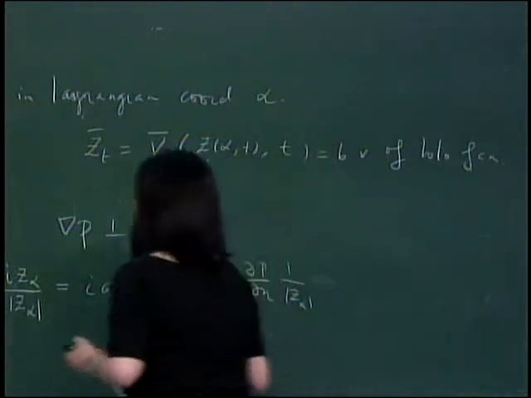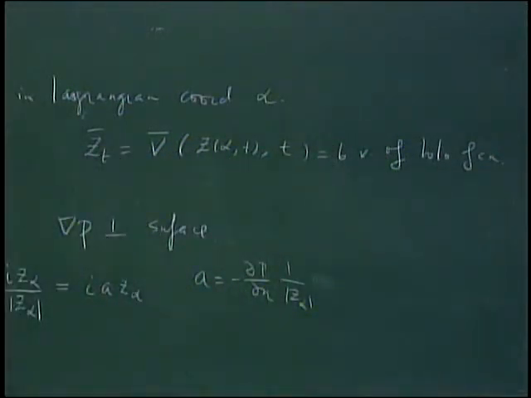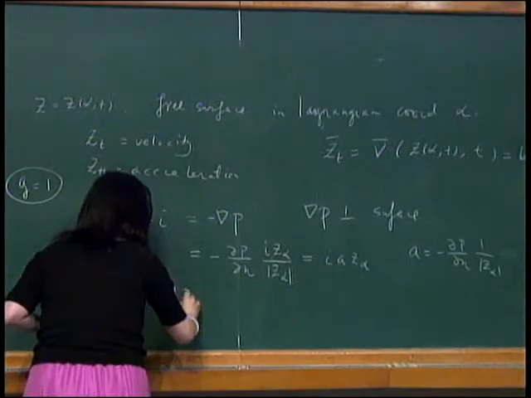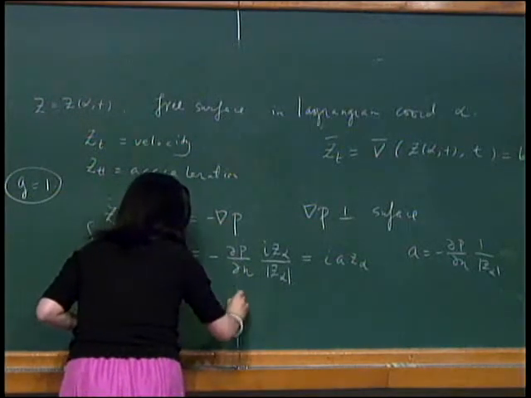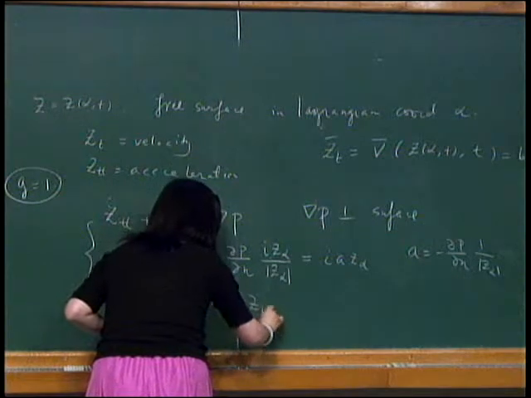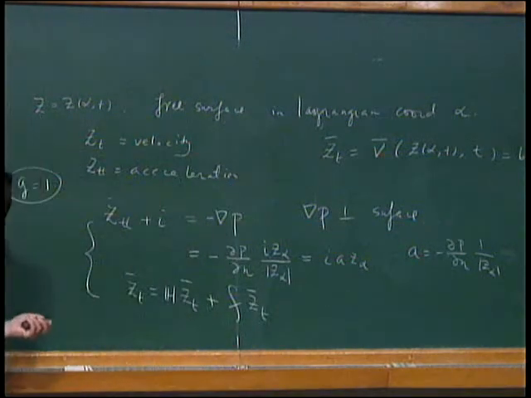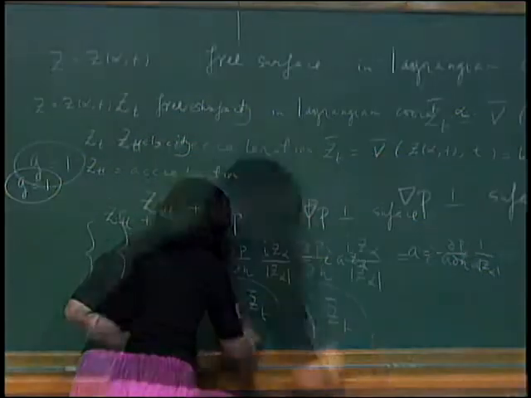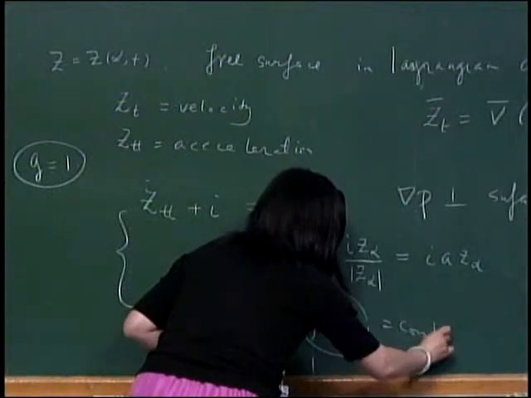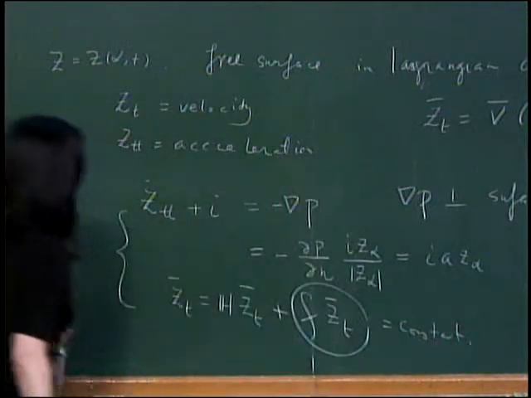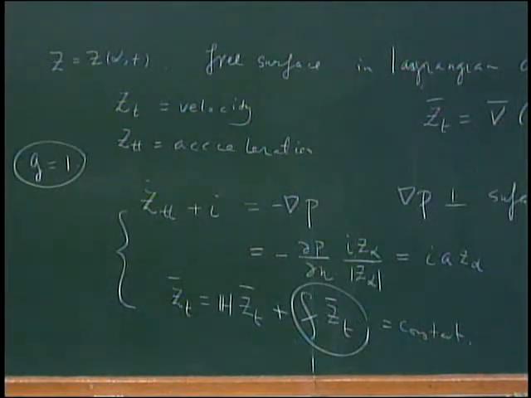And you can write it in terms of the Hilbert transform. So we know that Z_t bar equals the Hilbert transform of Z_t bar plus a constant, which is precisely the average along the interface Gamma_t.